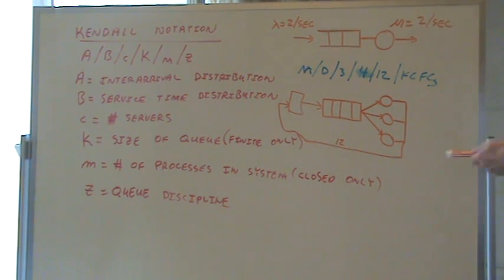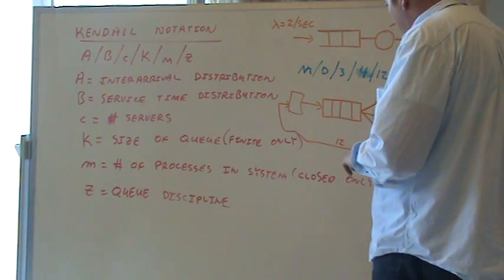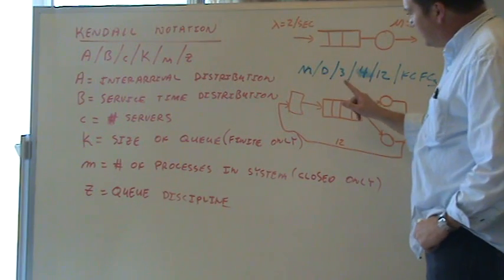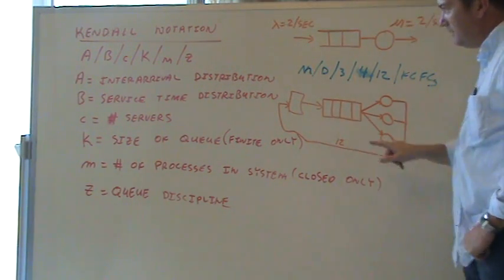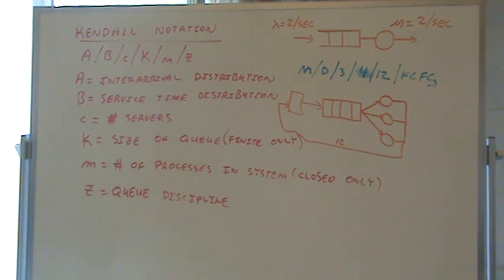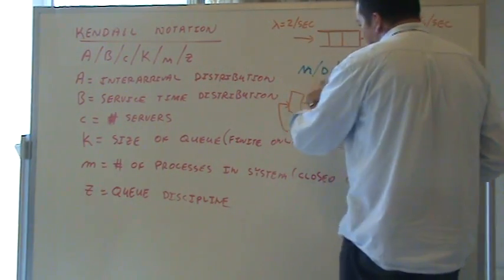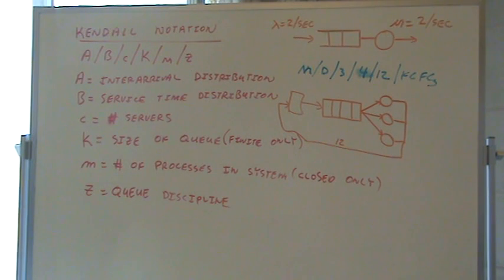Okay, so sorry, let me explain what M and D are. M and D are the two most extreme distributions. A D typically means the arrivals are deterministic, meaning they're happening at exactly discrete intervals.